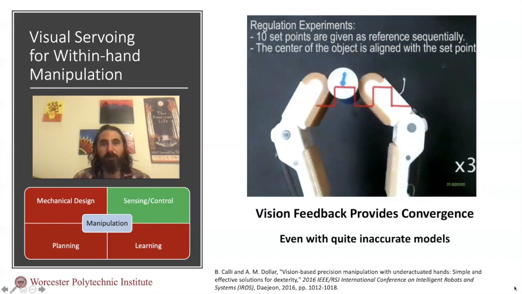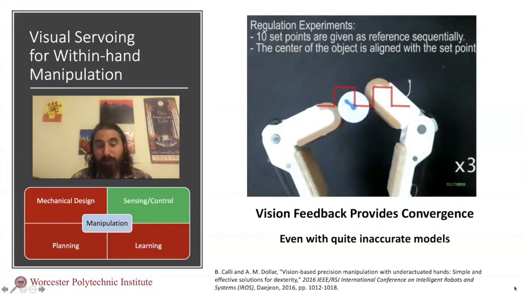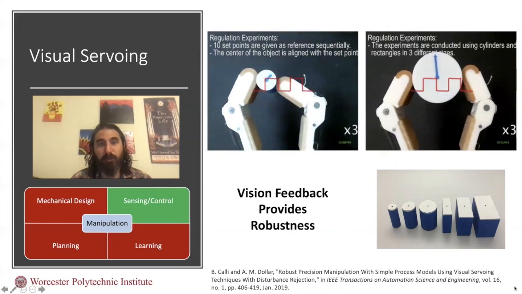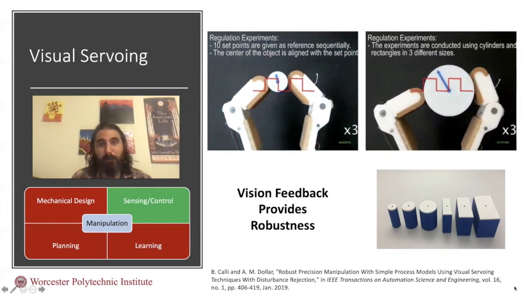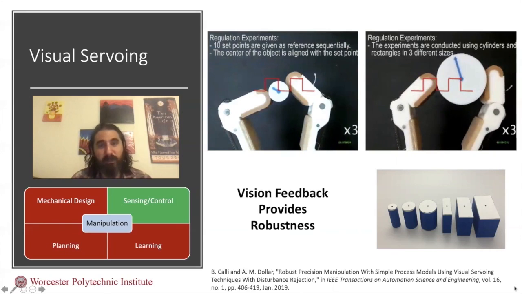For example, we have used a vision-based control algorithm here, and that provided us convergence thanks to closing the loop in the task space, even though we had quite inaccurate hand-object models in this case. So thanks to the robustness of this algorithm to modeling inaccuracies, we were able to use the same algorithm with the same parameters with different types of objects with different shapes and sizes, and we still achieved very accurate positioning performance.